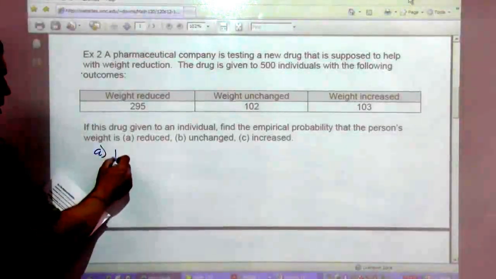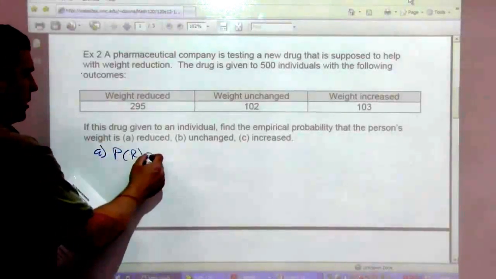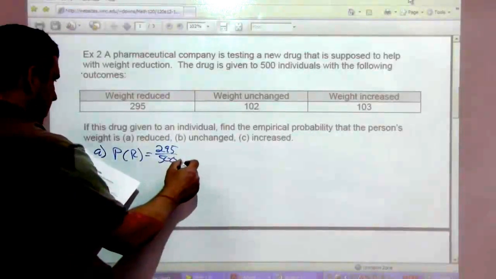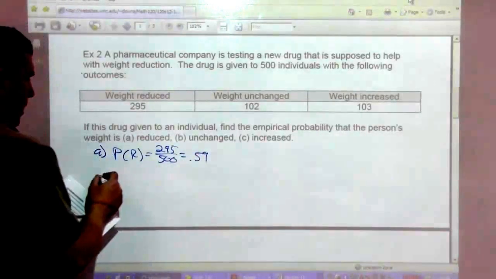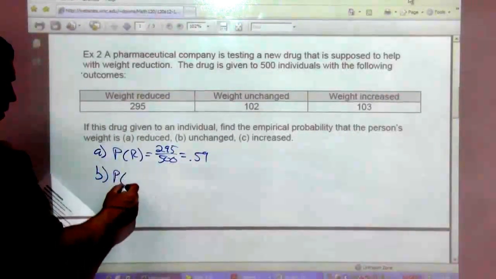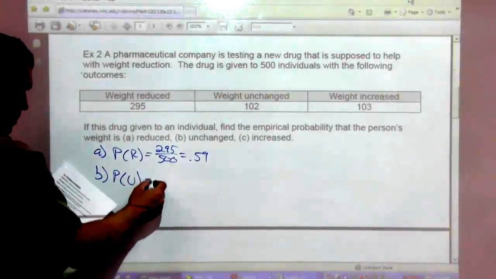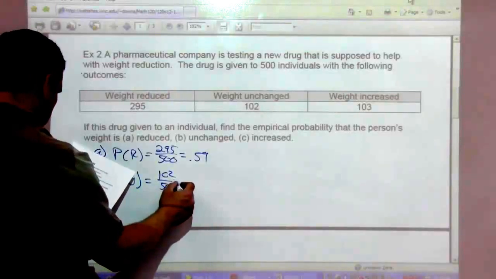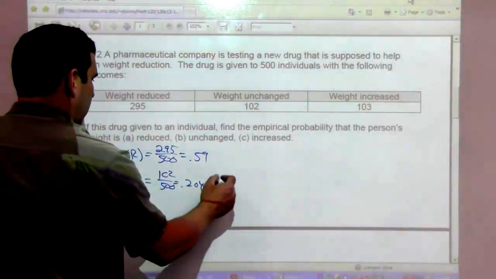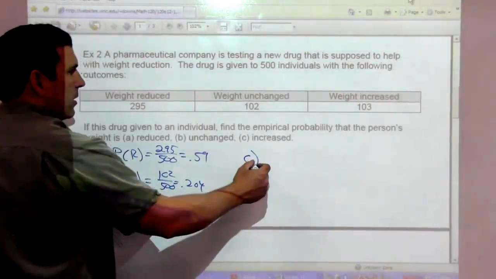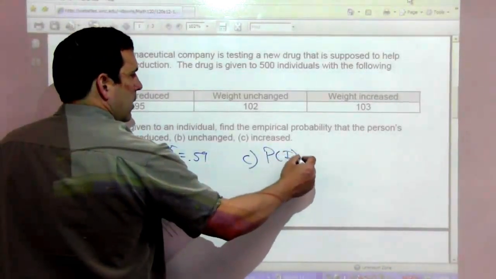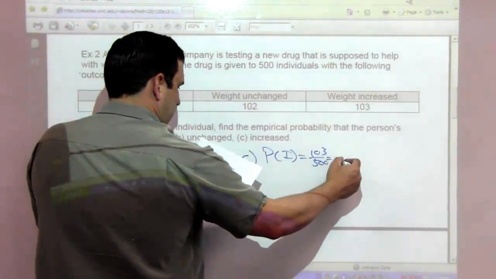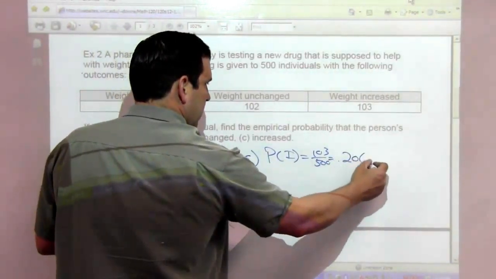So for A, the probability of reduction is going to be 295 over 500. That's 0.59. For B, the probability of unchanged is going to be 102 over 500, which is about 0.204. And for C, the probability of an increase is 103 out of 500, which is 0.206.